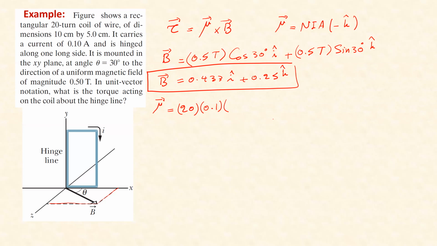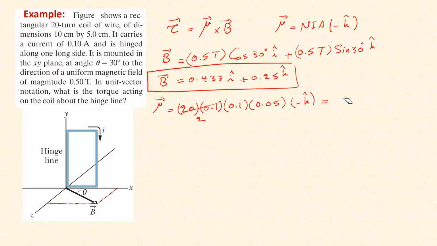And the dimensions are 10 centimeter by 5 centimeters. So 0.1 times 0.05, right? So that gives you 2, in the negative k hat direction. So it becomes 2 times 0.05 becomes 0.1 times 0.1, 0.01.